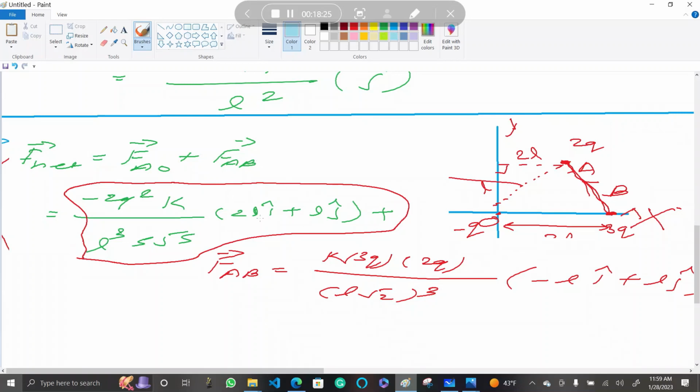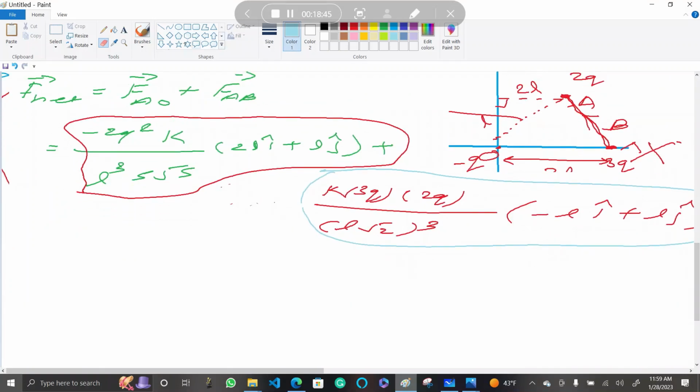So this first expression is the force on the charge at A because of the charge at origin, and this part is the force on the charge at A because of the charge at B.